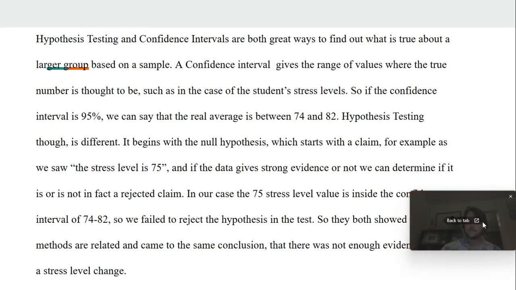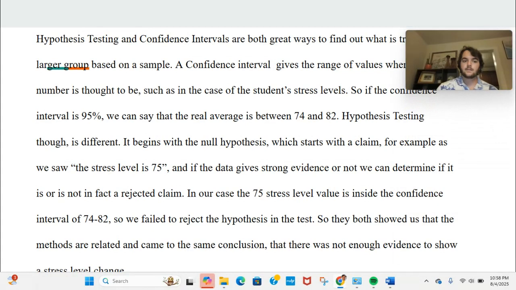Hypothesis testing, though, is different. It begins with the null hypothesis, which starts with the claim. For example, we saw the stress level is 75, which was the claim. And if the data given gives strong evidence or not, we can determine if it is or is not, in fact, a rejected claim.